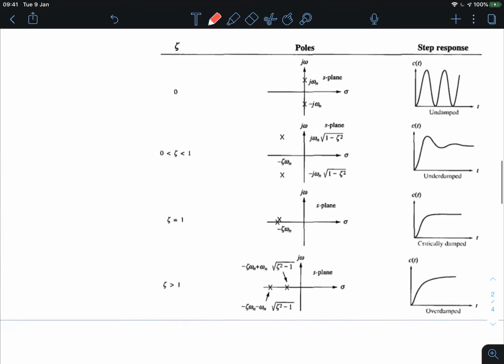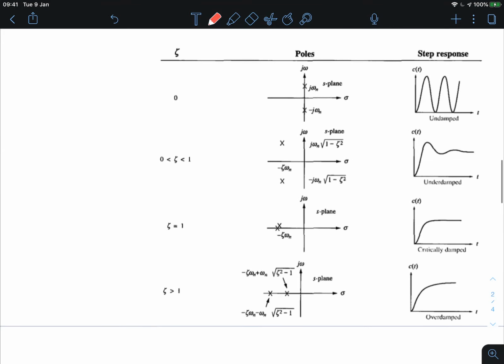If we pay close attention to the location of the poles depending on the value of xi, for xi equal to 0, the poles are located on the purely imaginary axis, due to which the step response of a second order system is oscillatory with some natural frequency omega n, and we defined it as the undamped response.